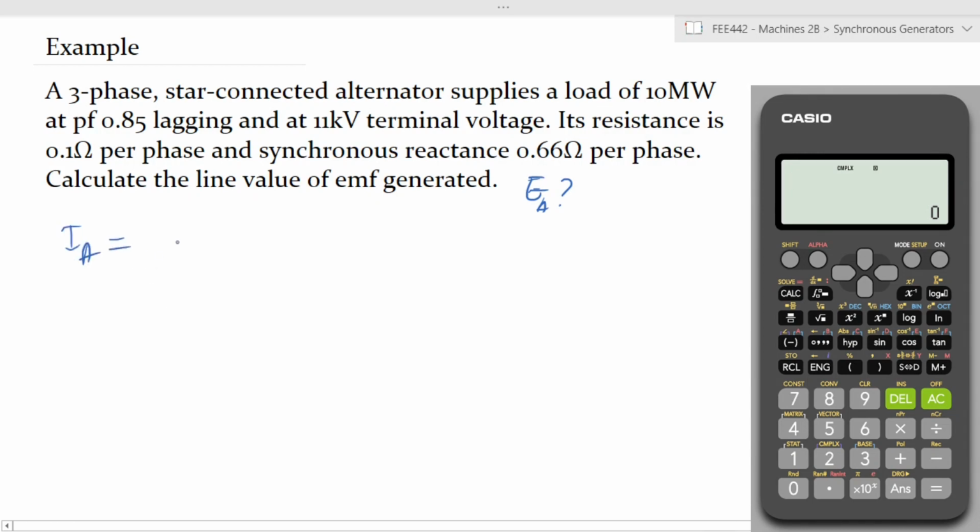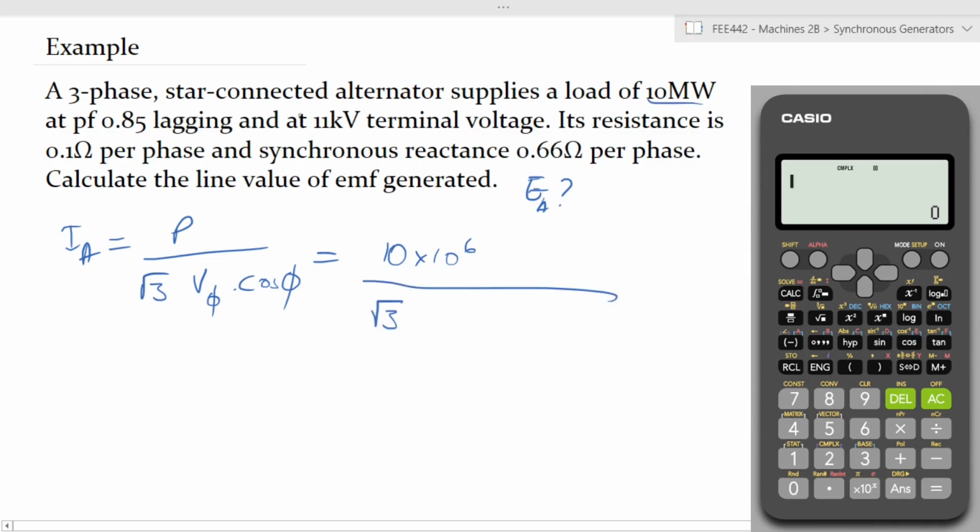The output current is equal to the power over √3 times terminal voltage times power factor, or let's call it cos phi. And that is given by 10 times 10 to the power 6, which is 10 megawatts that we have here, divided by √3 times the voltage, which is 11,000, times the power factor.